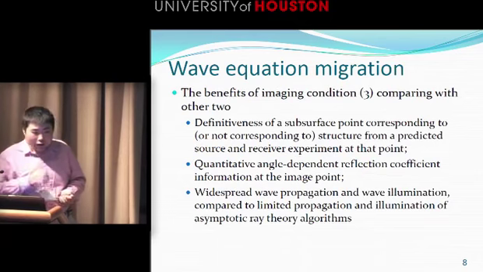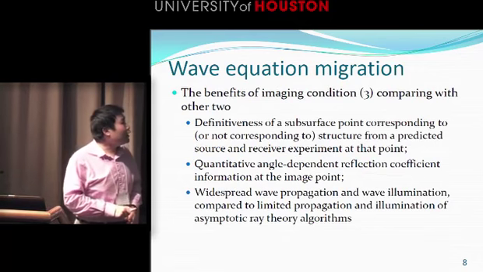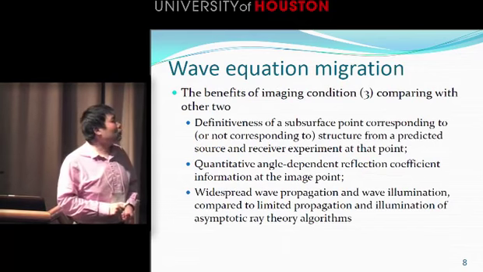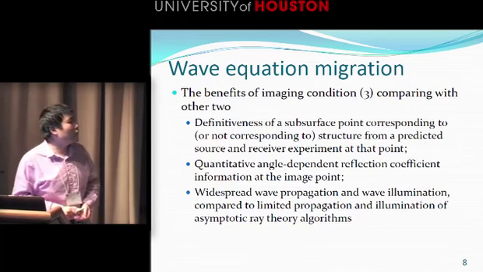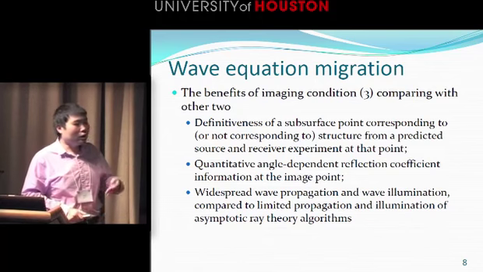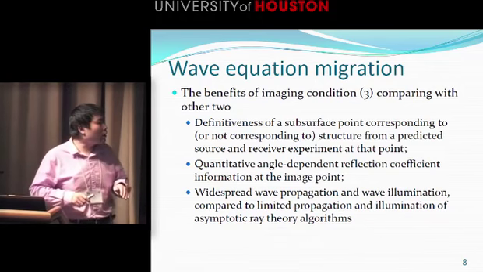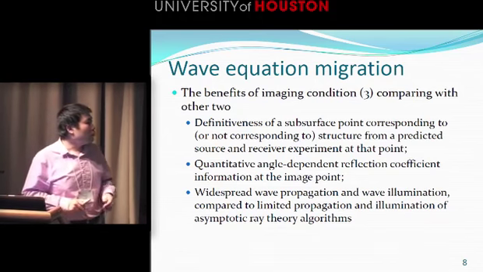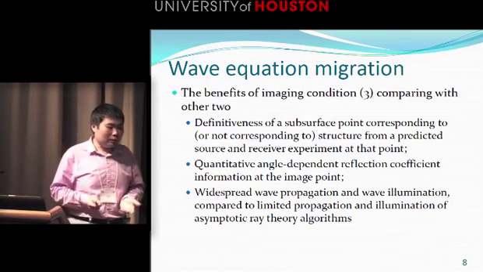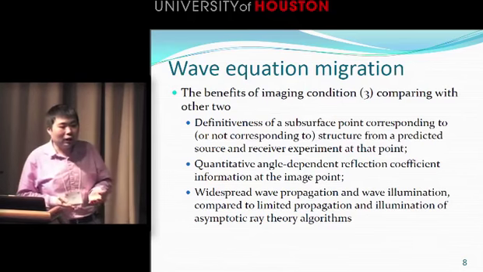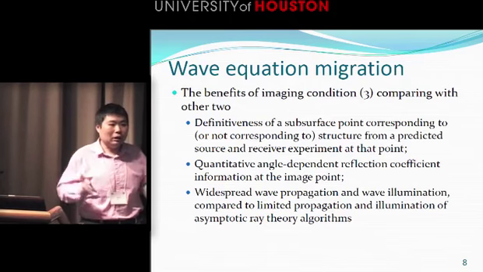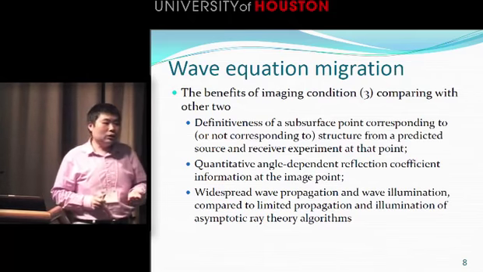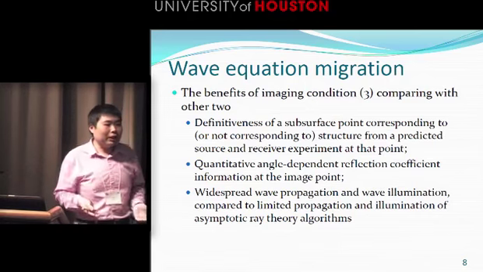Dr. Weglein has mentioned already there are three key advantages or benefits of the third image condition. First, we have definiteness of the subsurface point corresponding to a structure or not. If you use asymptotic migration, usually you have some candidates, like you have an ellipse for the Kirchhoff migration, and then you do the constructive summation.